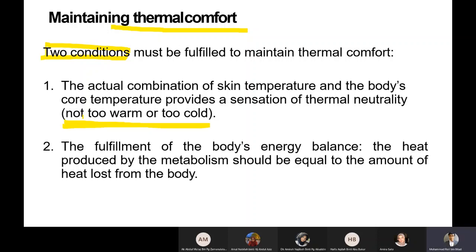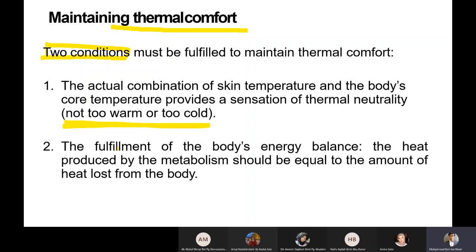Your body temperature is constant, around 36 to 37, I think. That is our body temperature. And the combination with the skin temperature, what will be your skin temperature? We'll get to this one later on. And then you have a good combination, so you have an air condition that is comfortable, not too warm, not too cold for you.